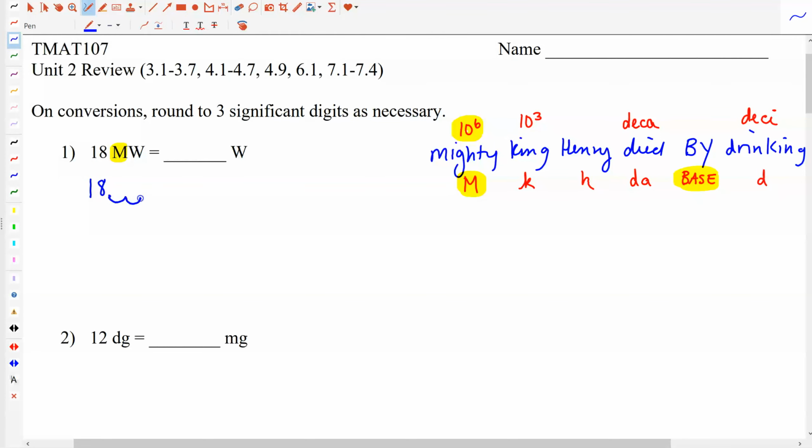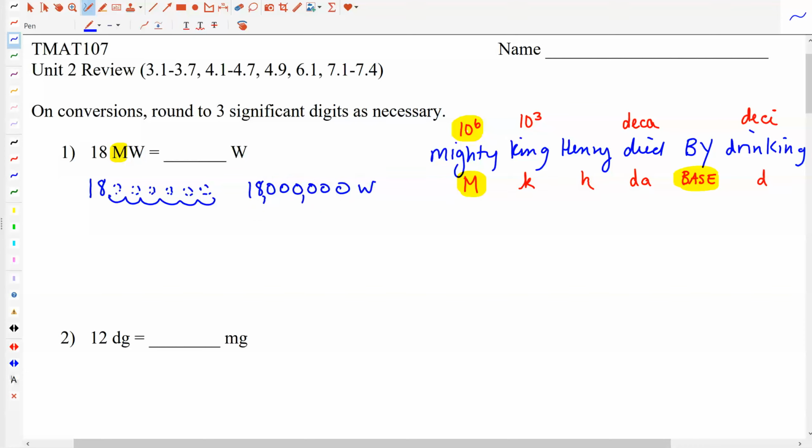So 1, 2, 3, 4, 5, 6. That means I'm going to need a bunch of filler zeros. So this would be 18 followed by 6 zeros. Put commas every 3, so this is going to be 18 million watts.